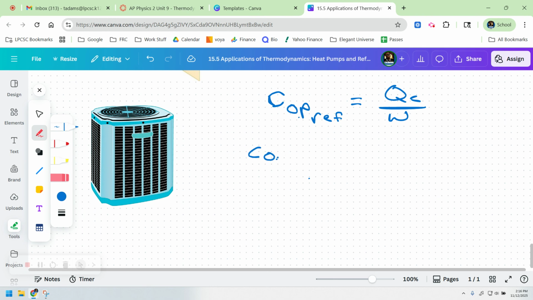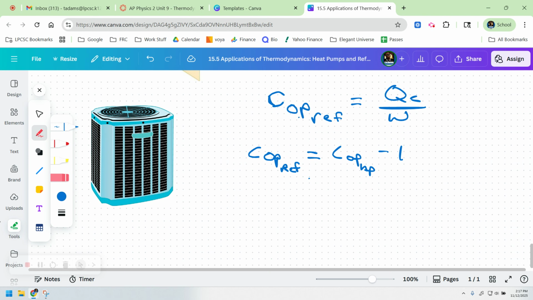So the coefficient of performance of a refrigerator is actually equal to the coefficient of a heat pump minus 1. And I don't want to bore you guys with the references, but if I take this and minus 1, remember that it's the reciprocal of the efficiency and all that stuff. So it works out. It's a derivation. Okay?